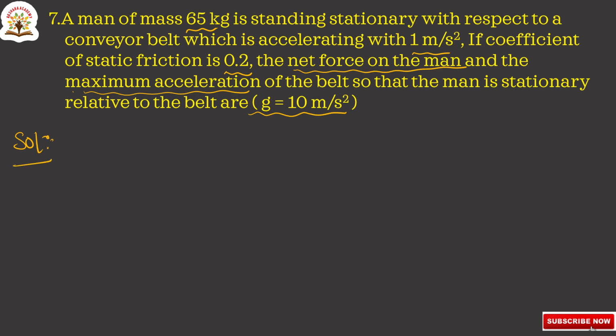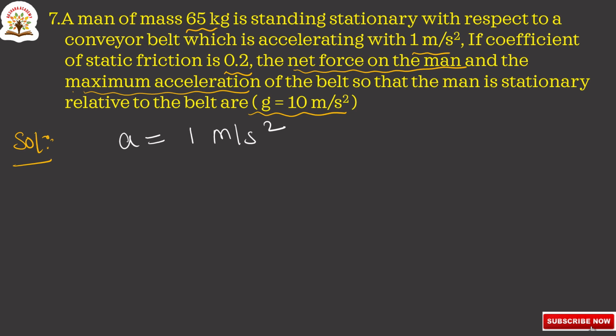Acceleration of the conveyor belt A is equal to, they given as 1 meter per second square. As the man is standing stationary with respect to the belt, acceleration of the man is equal to acceleration of the belt. Acceleration of the man, they given as 1 meter per second square.